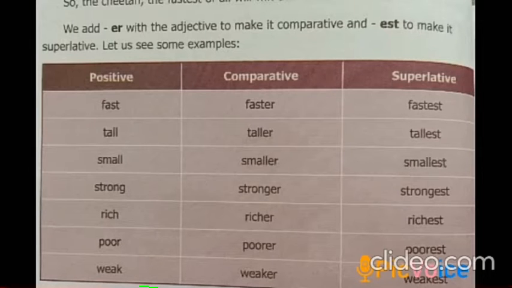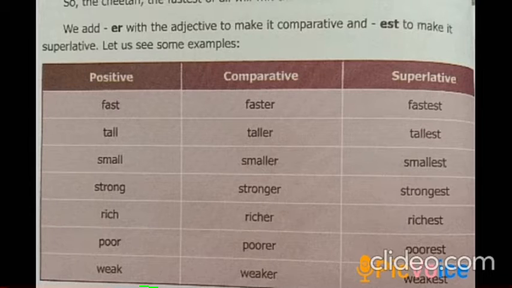Let us see a few examples for each type of degrees of comparison. We add er with the adjective to make it comparative, and est to make it superlative. Let us see the examples.